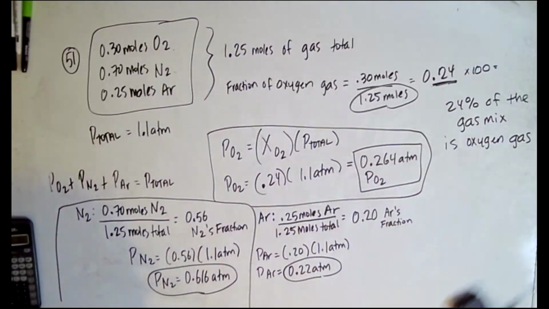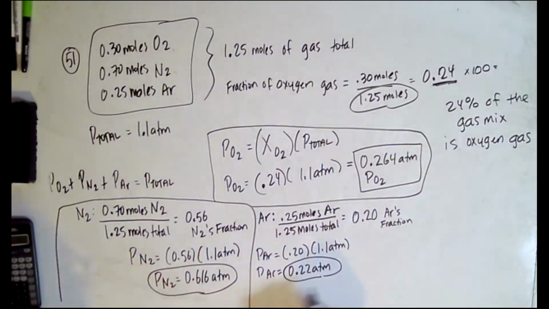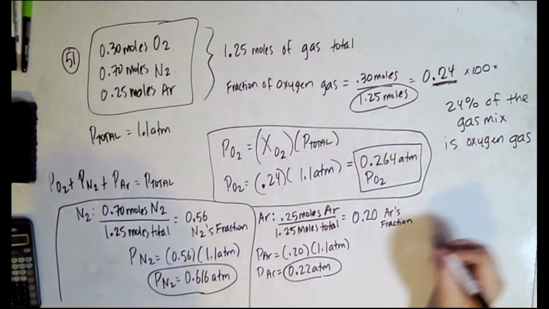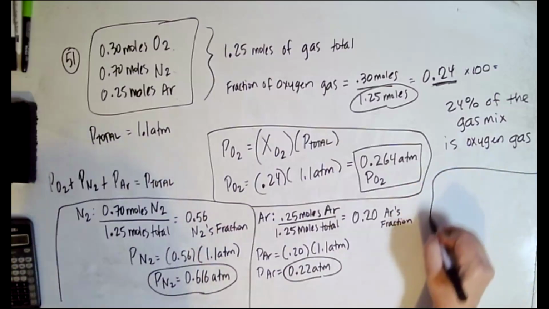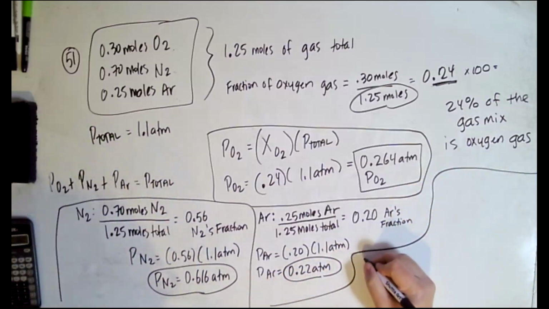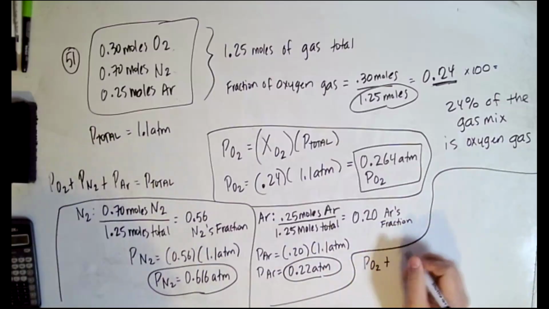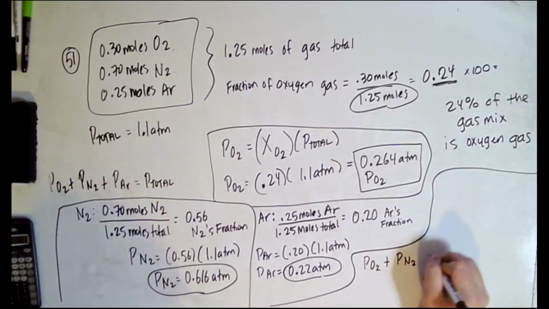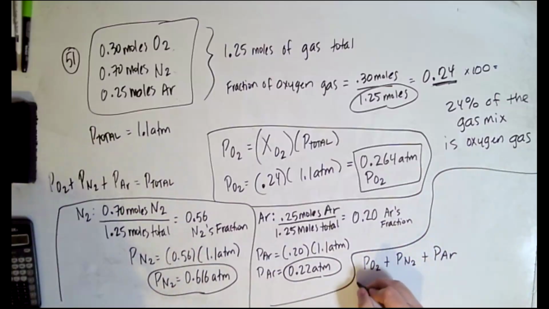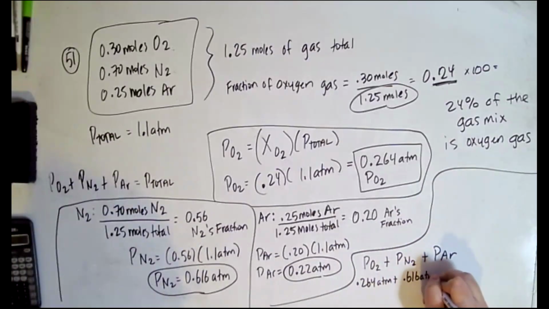The other thing that you're going to see, because we just found the pressure of all these individual gases, watch what happens when we add all three of them together. So if we do the pressure of oxygen plus the pressure of nitrogen plus the pressure of argon, that's 0.264 atmosphere plus 0.616 atmosphere plus 0.22 atmosphere.